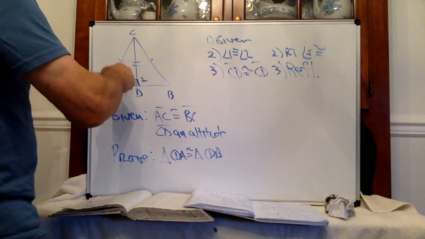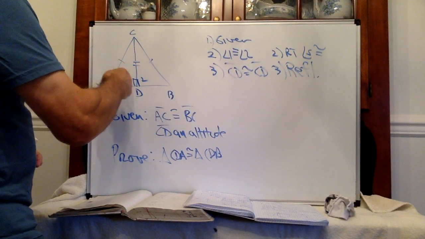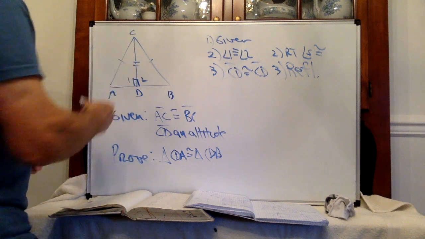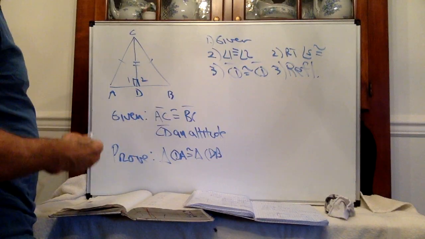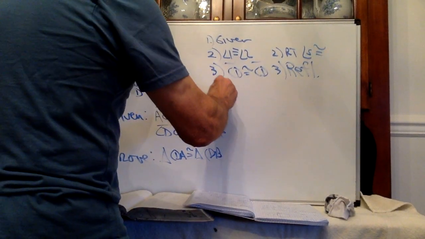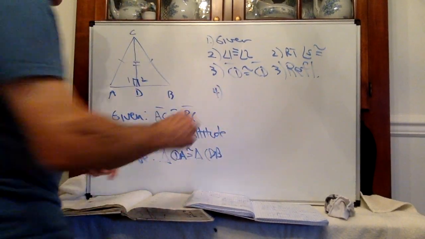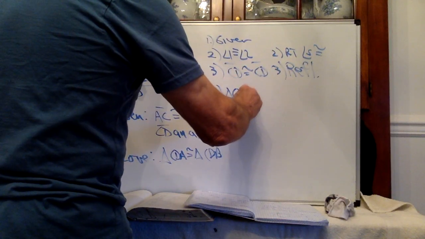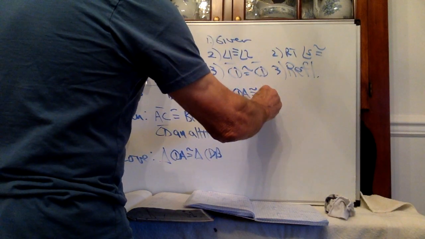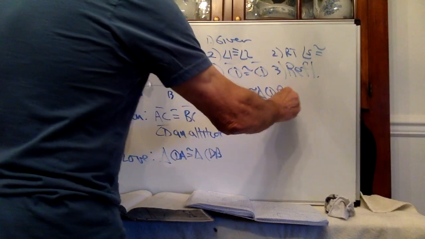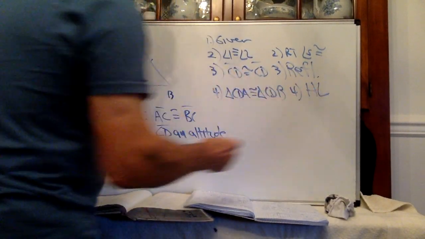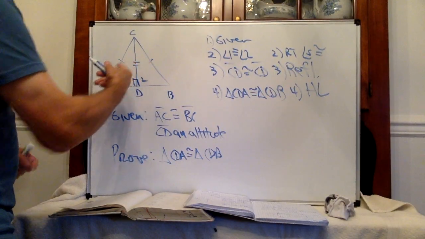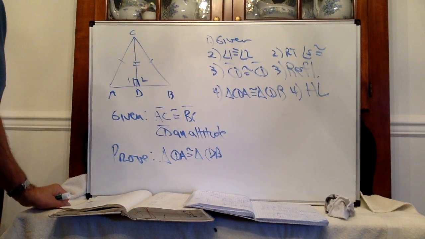Now, in this particular set of triangles, this common side is a leg. CA and CB are the hypotenuse. Therefore, the two triangles, CDA and CDB, are congruent by HL, hypotenuse, leg, and you're done.